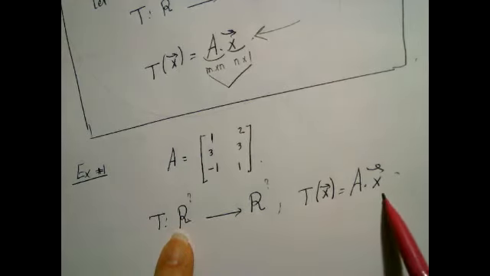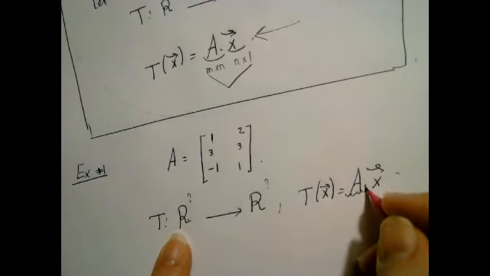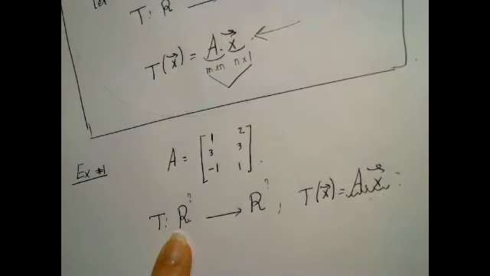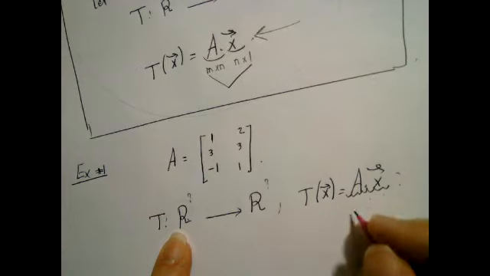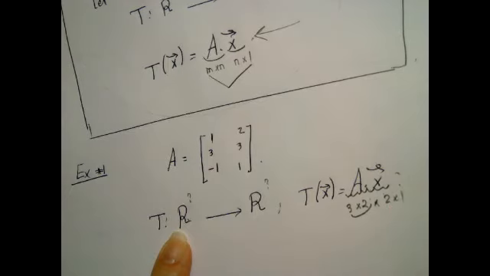I want this to make sense. My vector x should be where? My matrix A is 3 by 2. For this to make sense, my vector x has to be 2 by 1.